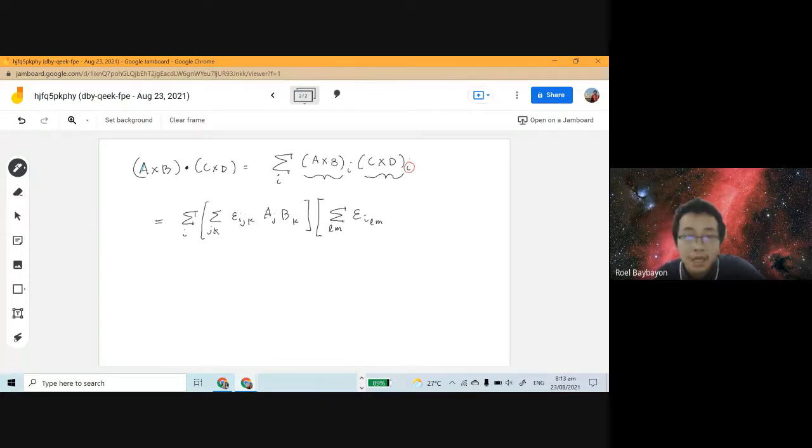The important thing is, since this is C cross D, you only take the ith component.